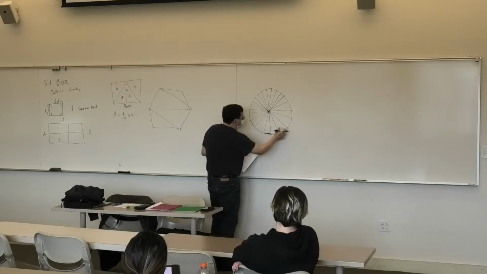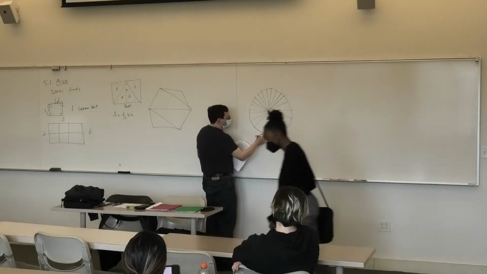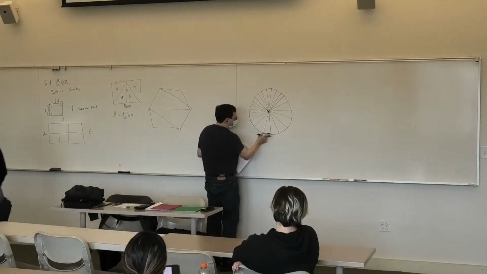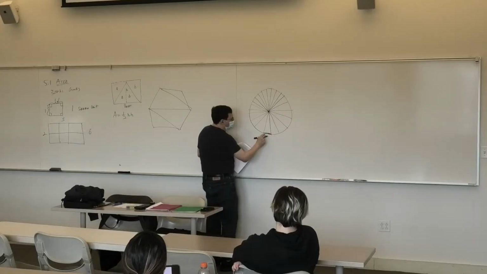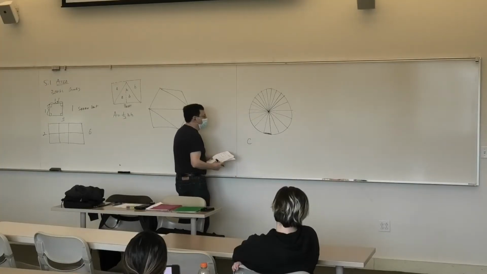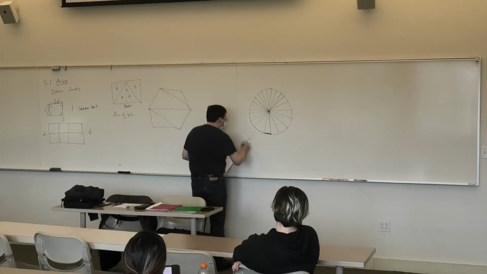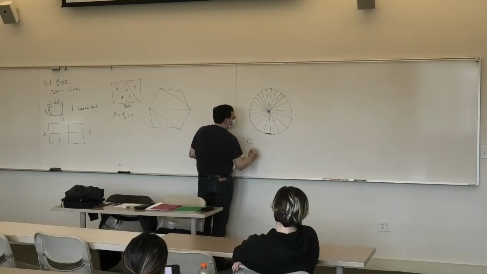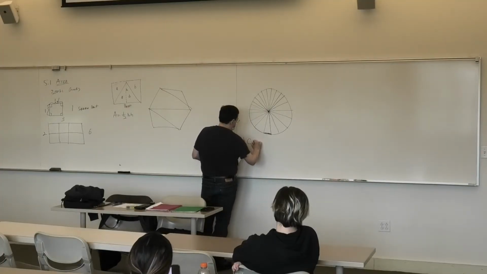Eventually, as the number of triangles increases, the bases get smaller and smaller, but the sum of the bases is the circumference. So we have 1/2 the circumference times the radius.